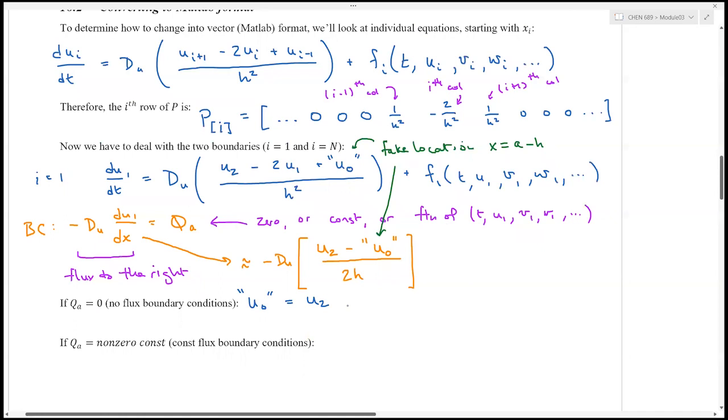So if u0 equals u2, then our equation for i equals 1 is du1 dt equals the diffusivity times 2u2 minus 2u1 over h squared plus f1.